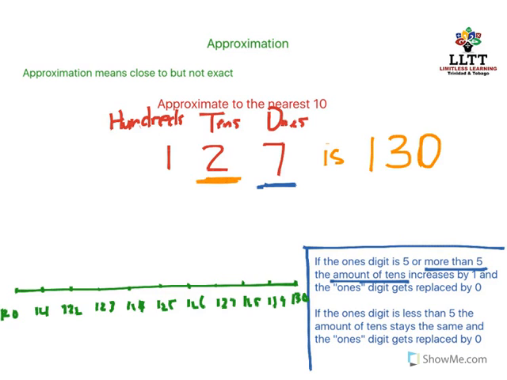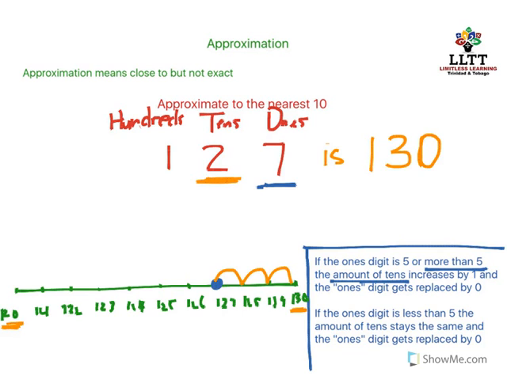Now we're going to put a blue dot at our value 127, which is right here. Now, is our blue dot closer to 130 or is it closer to 120? It's closer to 130. It's 1, 2, 3 away from 130. So therefore, when we approximate 127 to the nearest 10, we get 130.